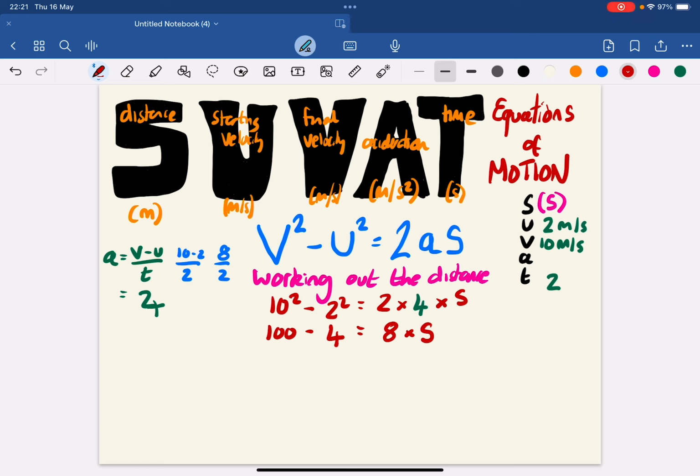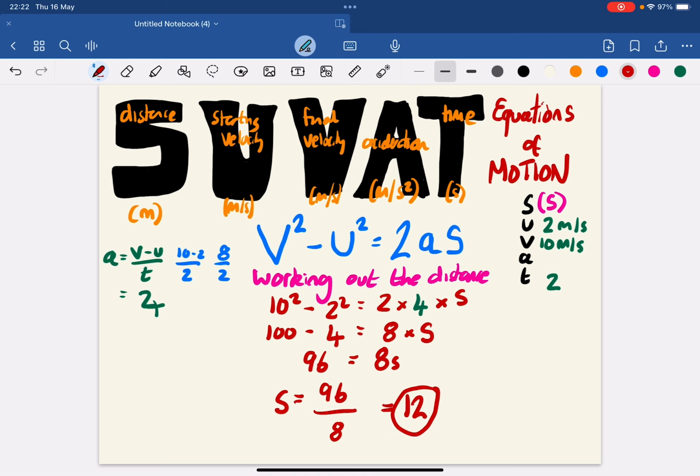Let's go down one step further. 100 take away 4 is 96, and that's then equal to 8S. We want to rearrange this completely. So S is going to be equal to 96 divided by 8, which is equal to 12.